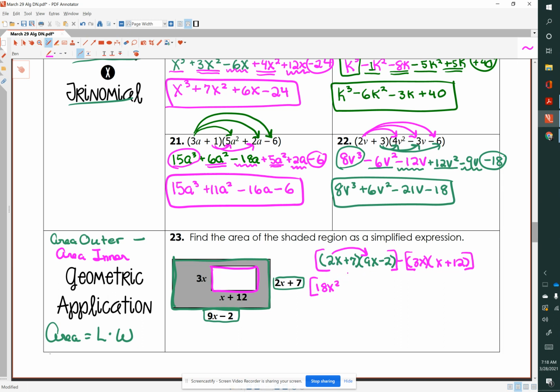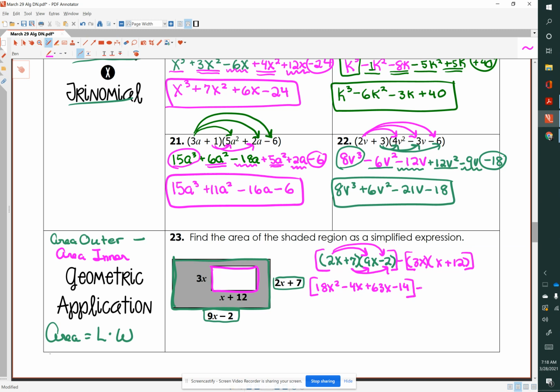Outer, 2x times negative 2 is negative 4x. Inner, 7 times 9x is positive 63x. And positive 7 times negative 2 is negative 14.